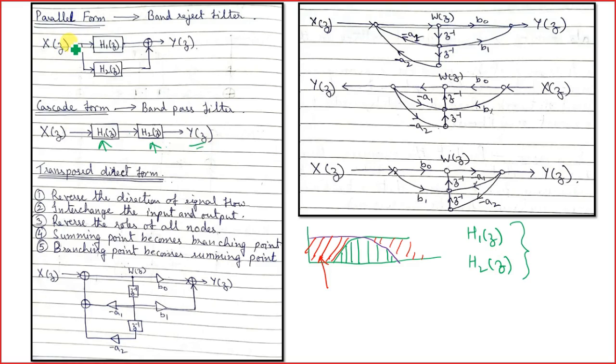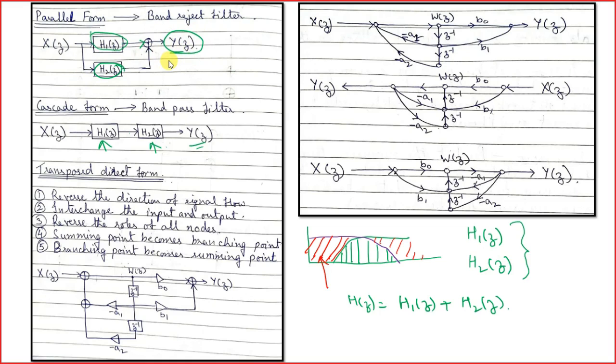Whereas in the first case, if you want to have the parallel form of realization, suppose you are given Hz equal to H1Z plus H2Z, then you implement the filter H1 on the top and the filter H2 on the bottom. Then if you see Xz, the same input is going to both subsystems, and the outputs of both subsystems will be added up to give you the YZ.